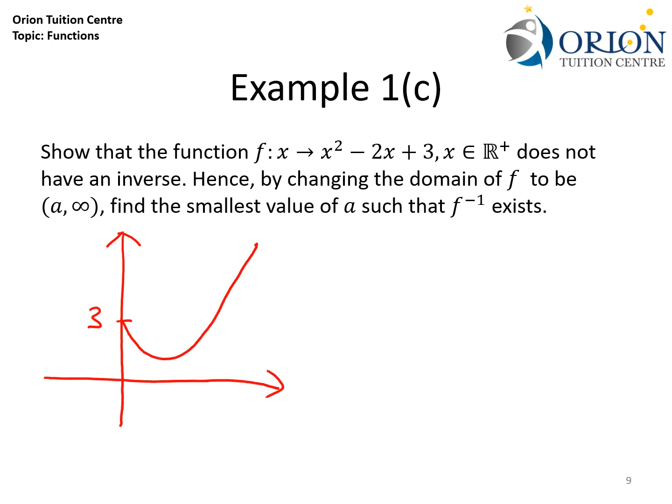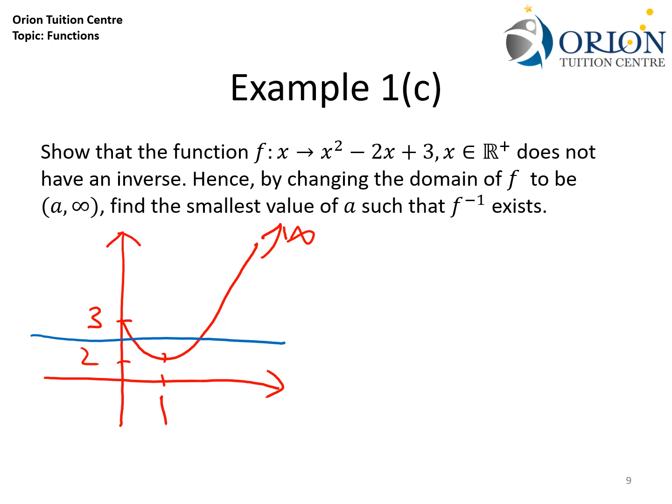And this point is 3, this point is at 1, and this is 2. And it goes all the way to infinity. And if we draw a horizontal line of y equals k, we can clearly see that the horizontal line cuts the graph at 2 points for some values, and therefore we know that this is not a 1-1 function, and therefore the inverse does not exist.